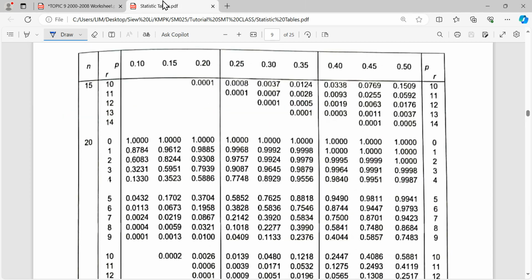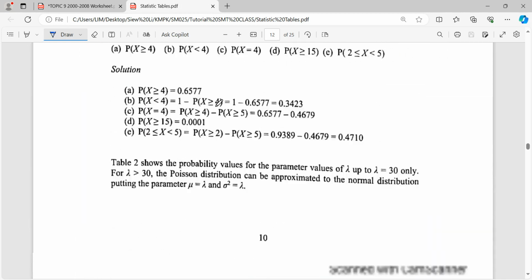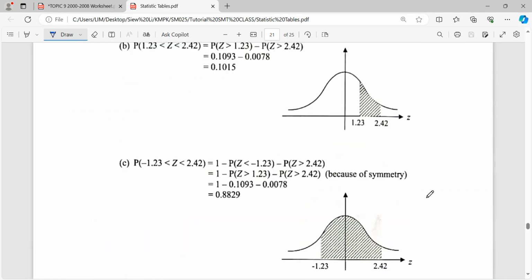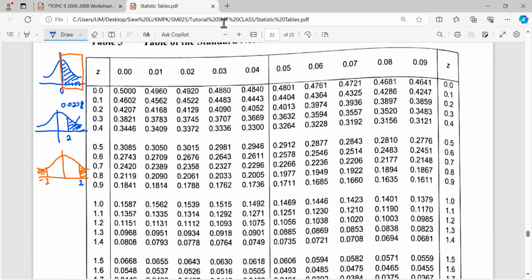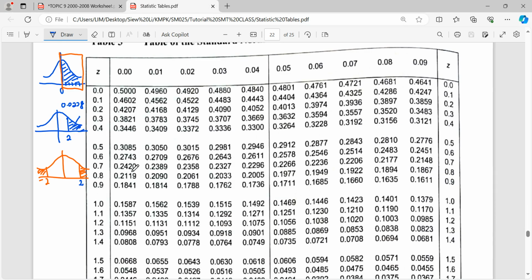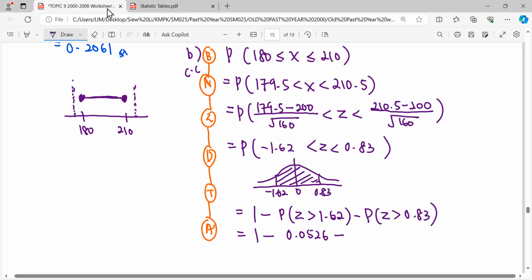So read it from the standard normal table. 1.62 gives 0.0526, and 0.83 gives 0.2033. Simplify this, so here we have our answer.